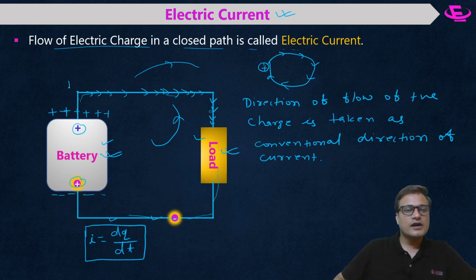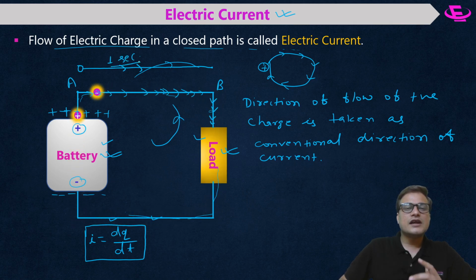Suppose this is point A, this is point B. Now if we assume that a positive charge of 1 coulomb is flowing between the terminal A and B and it takes 1 second of time to travel from point A to point B.